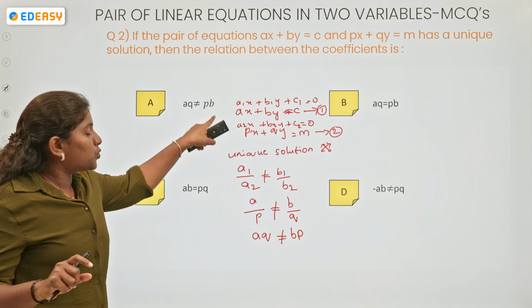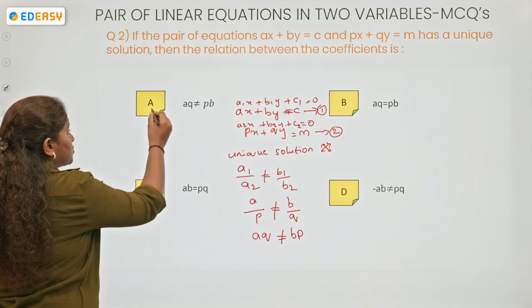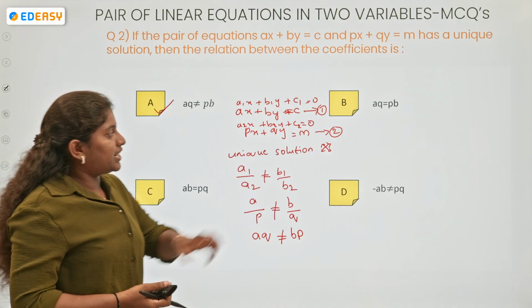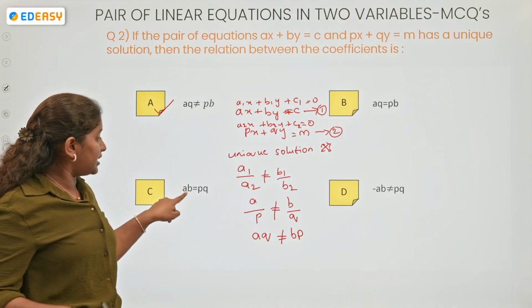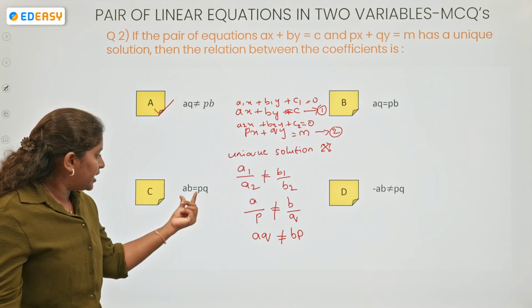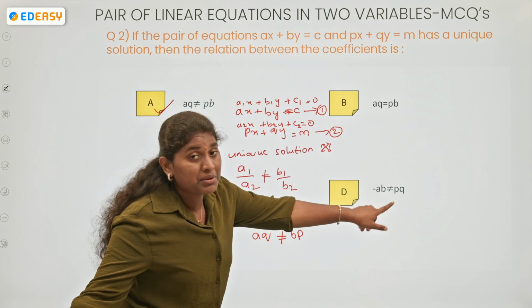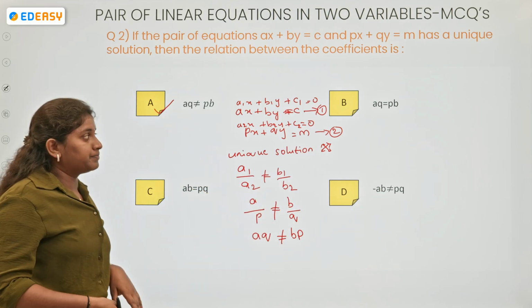AQ not equals to PB, which is nothing but AQ not equals to BP, right? So, option A is correct. Here it is an equal sign and here the coefficient values are different. Here AB and PQ are entirely different, and here minus AB and PQ are different.